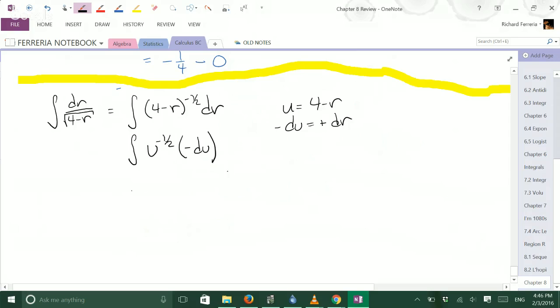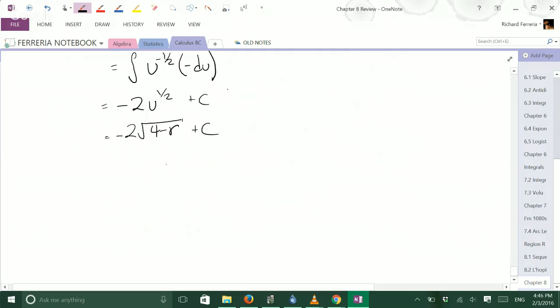We have this negative, so negative 2u to the 1/2, or negative 2 root 4 minus r. That's my antiderivative. I forgot a plus constant, but that's not going to be important. Here's my antiderivative.